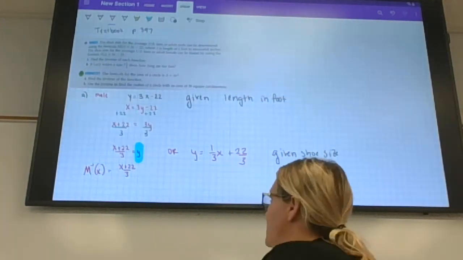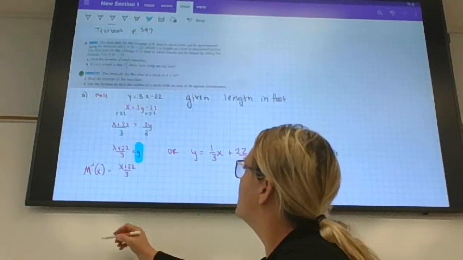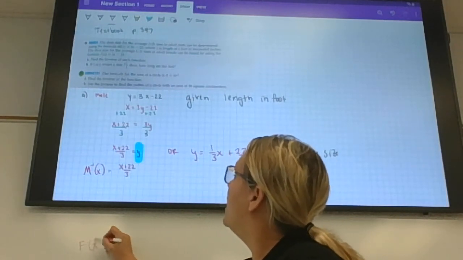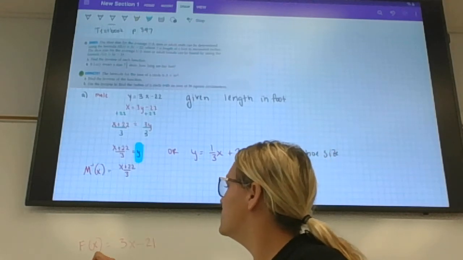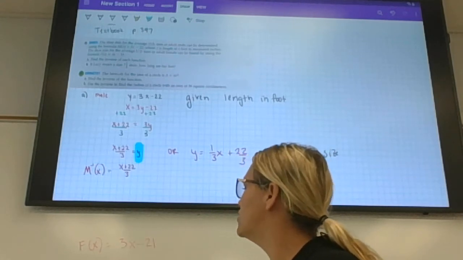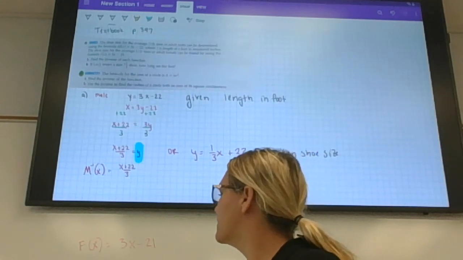Okay, so now we'll do the female formula. F of x is 3x minus 21. No, I'm just gonna do it real quick.